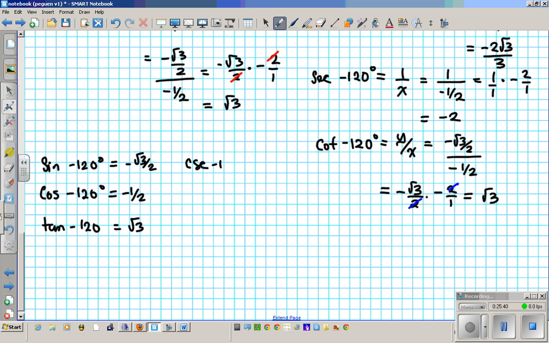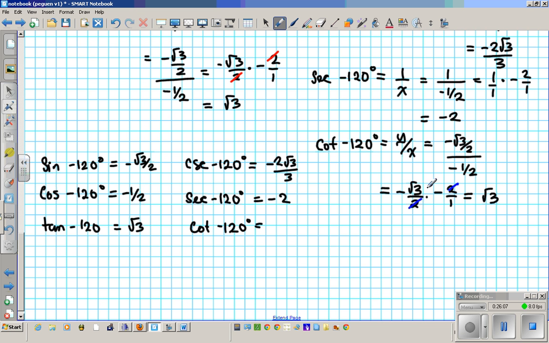Cosecant negative 120 is negative 2 root 3 over 3. Secant negative 120 is negative 2. Last but not the least, cotangent negative 120 is... mistake. Yeah, I messed up the last one. It cannot be the same as that.